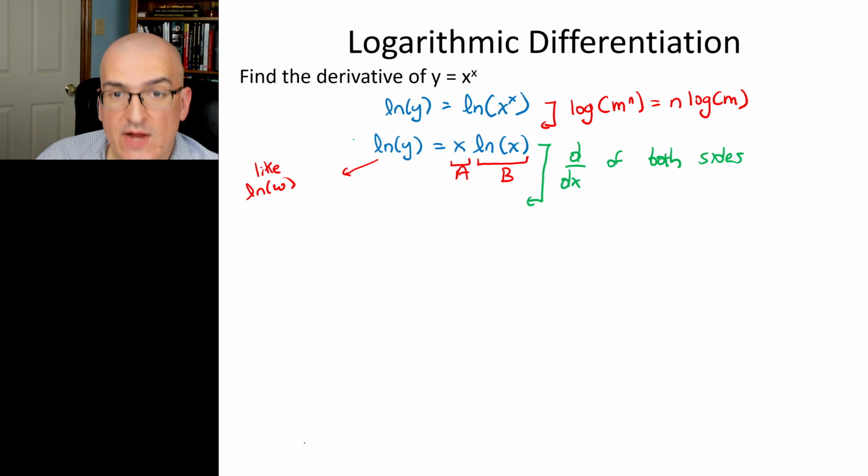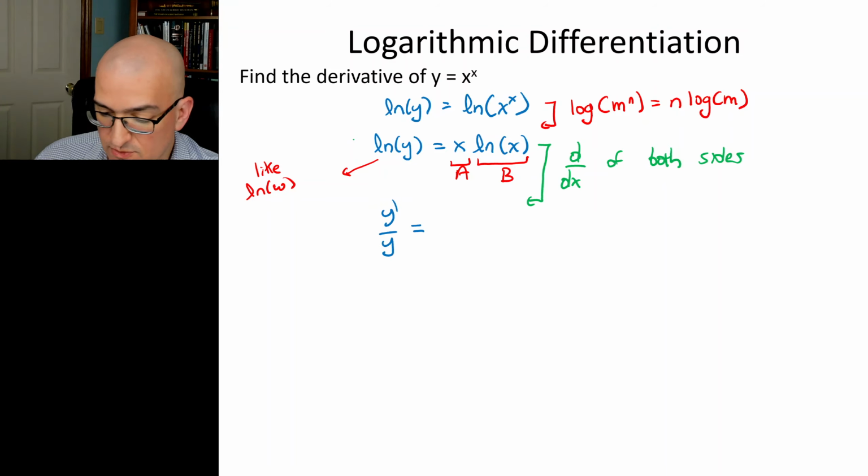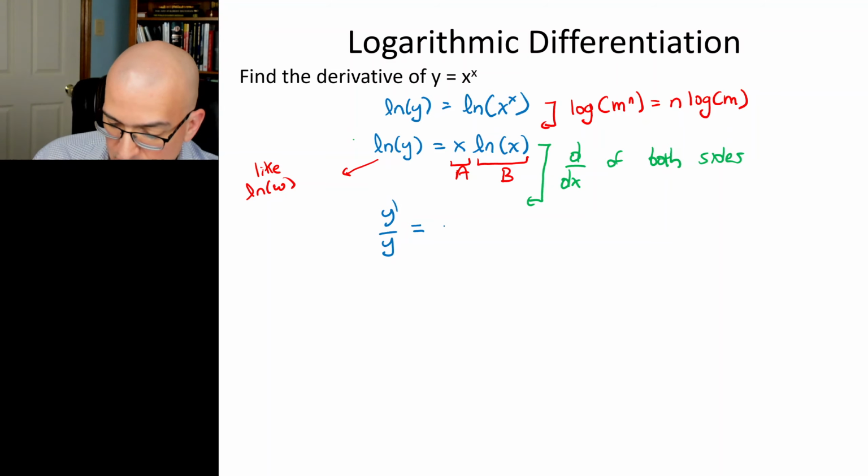So on the left-hand side, we have the derivative of ln y. The derivative of ln w is w prime over w. Derivative of ln y is y prime over y. Just the chain rule. And then on the right-hand side, we have the product rule, ab prime plus ba prime.